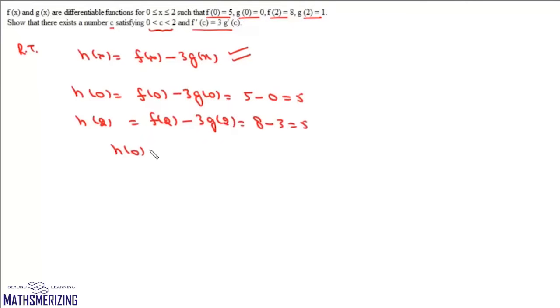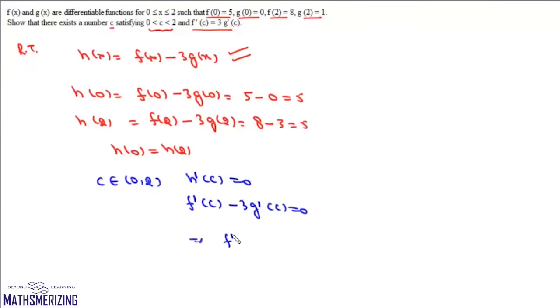So we are getting this condition that h(0) equals h(2). Then from Rolle's theorem we can say there exists at least one c in the interval (0, 2) such that h'(c) is 0. Now h'(c) is f'(c) minus 3 g'(c) equals 0, which is f'(c) is equal to 3 times g'(c).